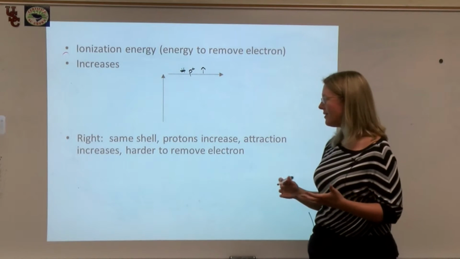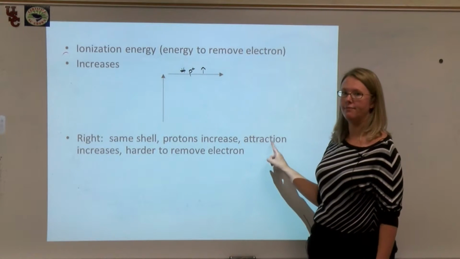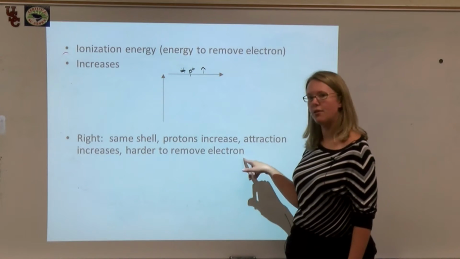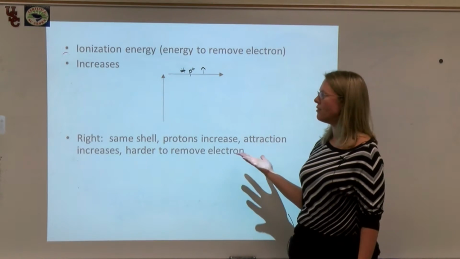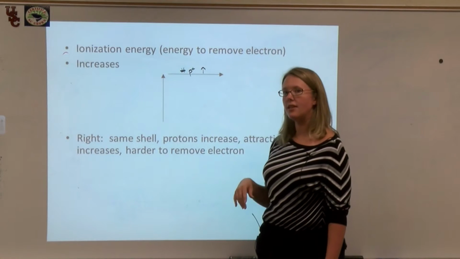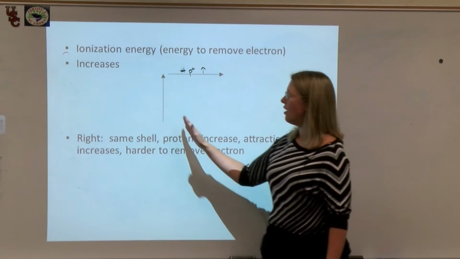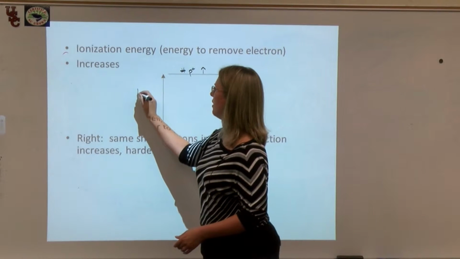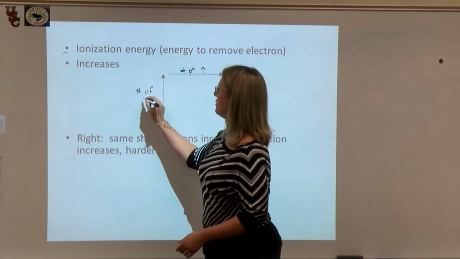And so if your protons increase, what happens to the attraction? It's going to increase too. And if the attraction increases, it's harder to remove the electron, so more energy is required, and so your ionization energy increases.